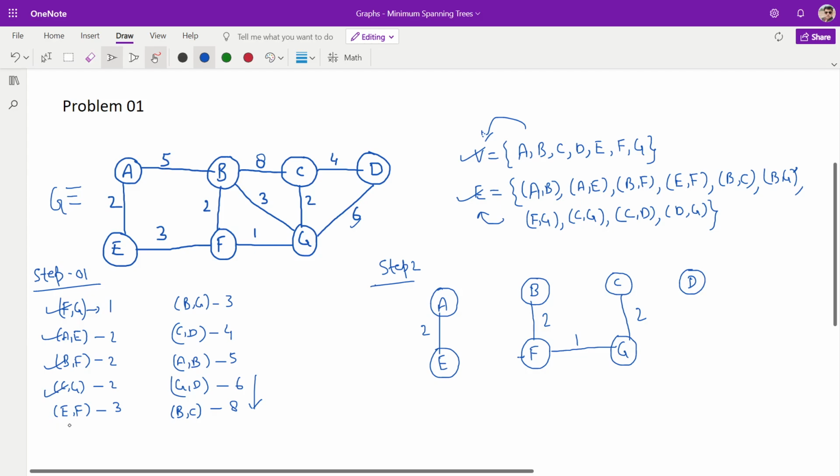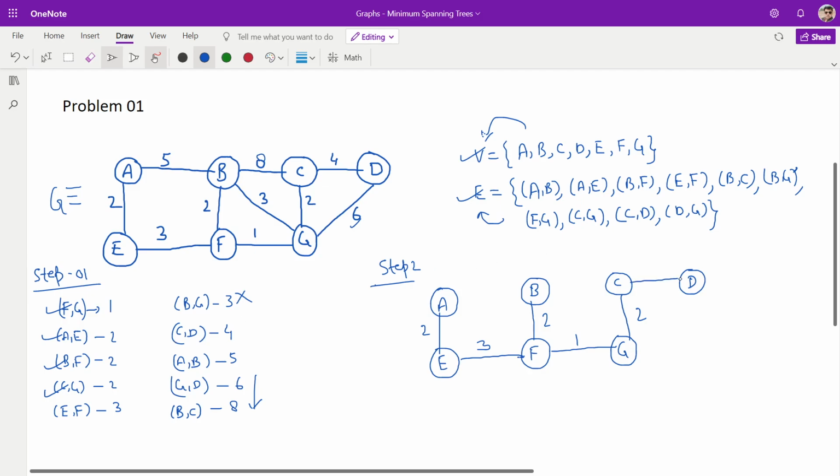What about the edge ef? Can I add this? Yes, because again the addition is not bringing about any cycle. What about bg? Can I have this? No, I cannot have this. Why? Because the moment I choose to have edge bg also, it would lead to a cycle. So this edge is going to be ignored. What about CD? Can I have this?